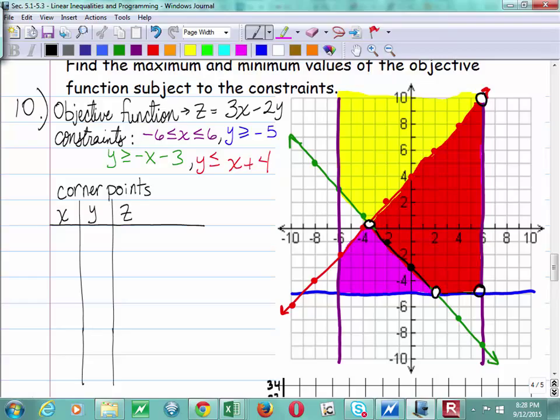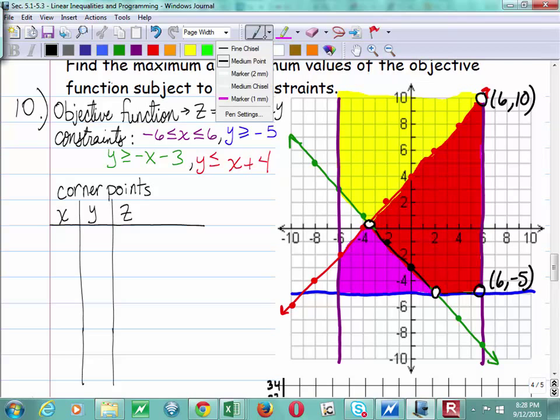Okay, so I'm going to list the x and y coordinates of the corner points. Alright, so up at the top is 6, 10, and then directly below that would be 6, -5. And then next to that would be 2, negative 5.